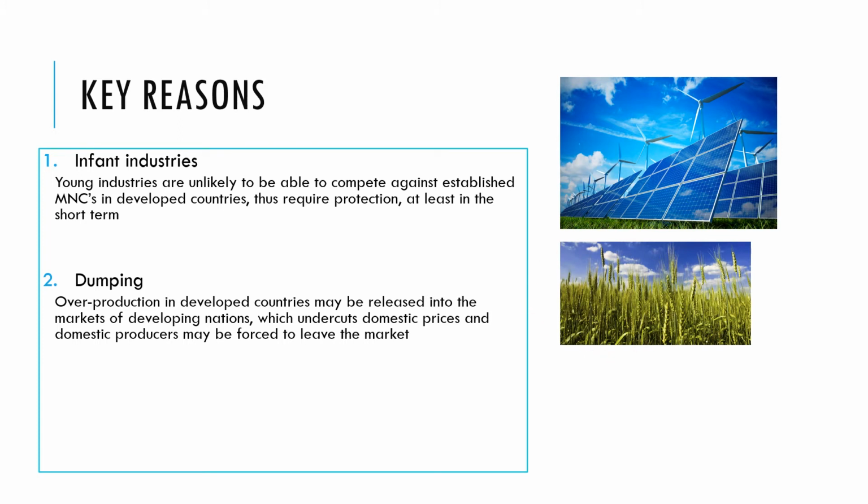Now, that would drive down the price of wheat in the UK and damage the incomes of farmers in the UK and destabilize their income streams, making investment and life more difficult for those UK-based farmers. So governments will often want to stop countries dumping their excess supply into their markets by restricting the level of imports.